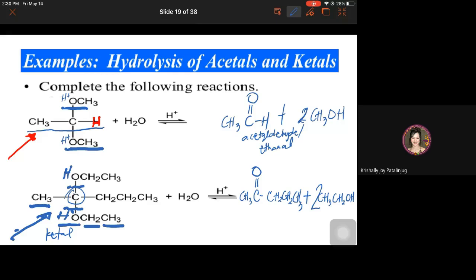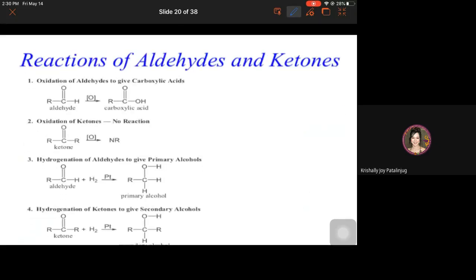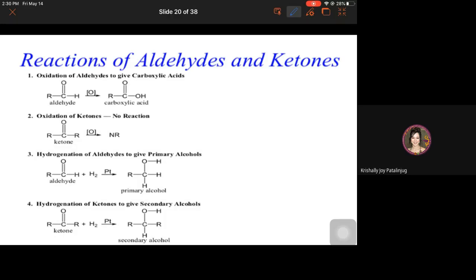So that is all about the hydrolysis of acetals and ketals. Overall, we are done with the reactions of aldehydes and ketones. So this is the summary. Oxidation of aldehydes gives carboxylic acid. Oxidation of ketones, no reaction. Hydrogenation of aldehydes gives a primary alcohol.